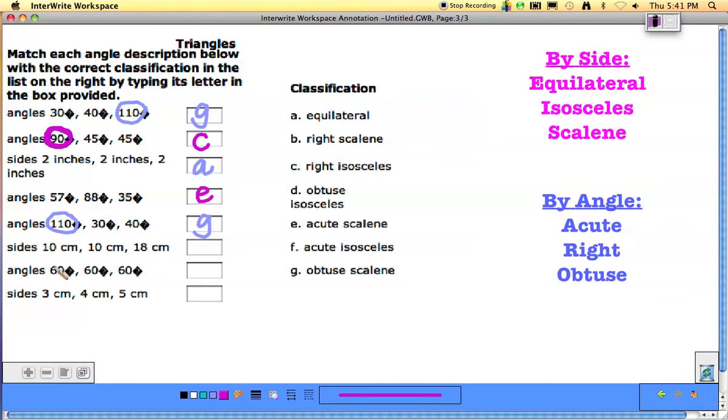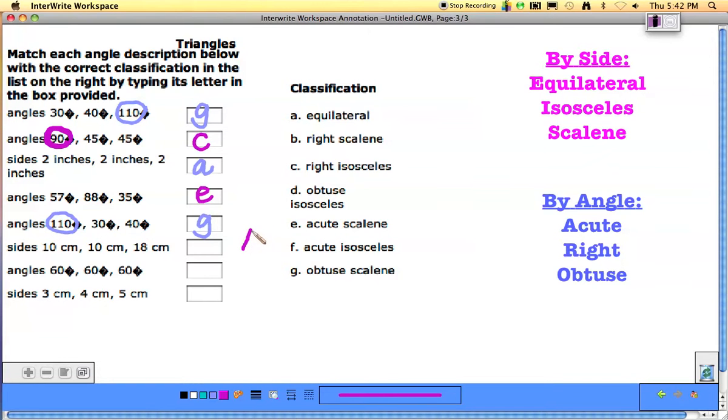The next one has sides that are 10 centimeters, 10 centimeters, and 18 centimeters. So I know that when I have 2 side lengths that are the same, that's talking about an isosceles triangle. Okay? So this one's a little bit tricky, but you can draw a picture, it might help. The last one is going to be 18.